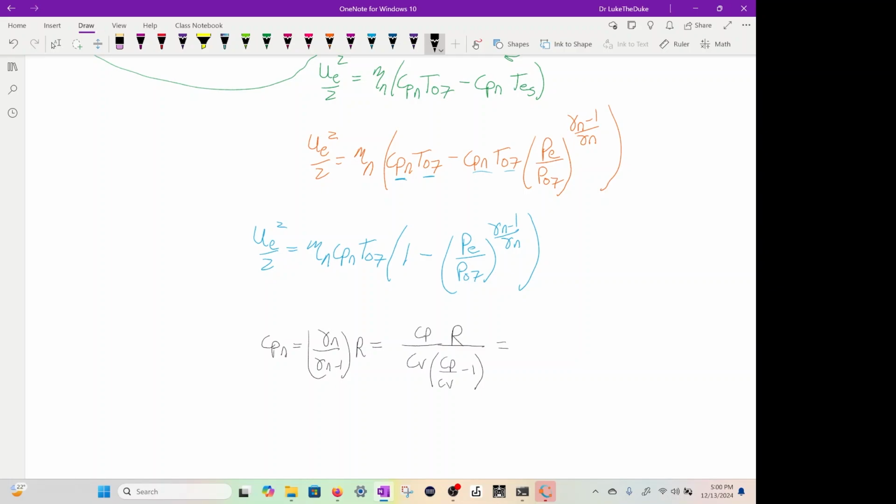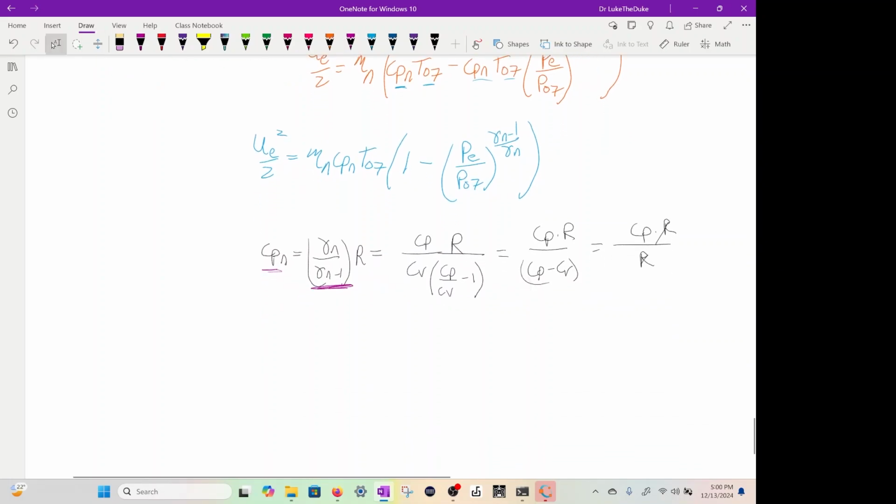This becomes C_P times R over C_P minus C_V, which is C_P times R, and this term is actually R. So what we're going to do is replace C_PN with this term.